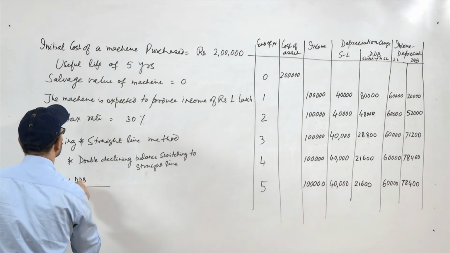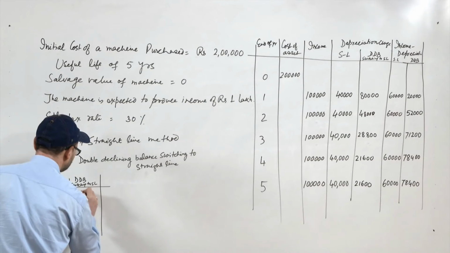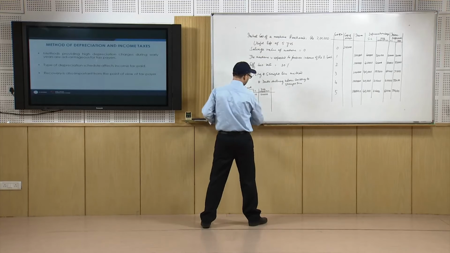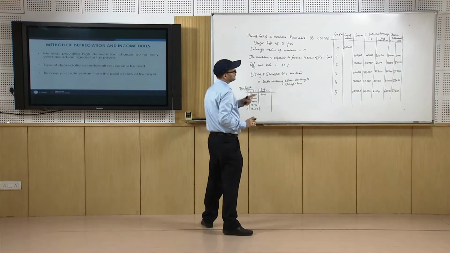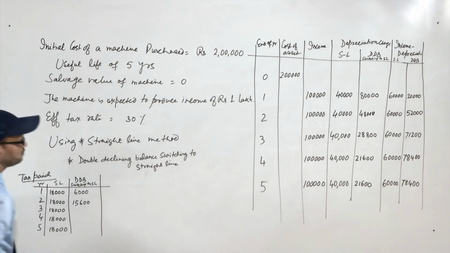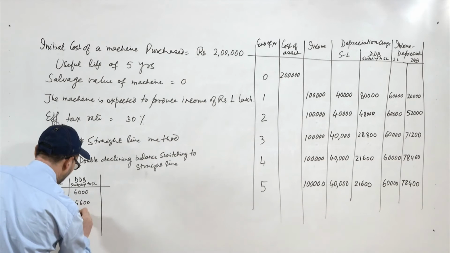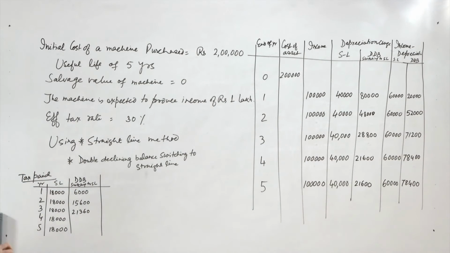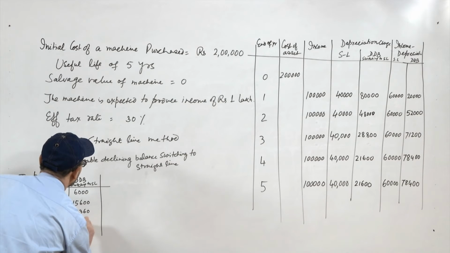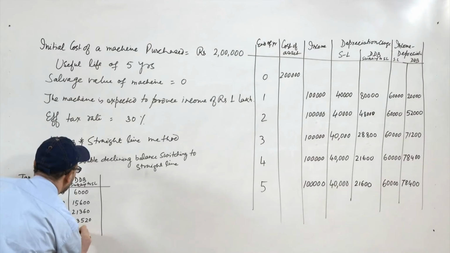So, 30% of 20,000, so 6,000 in the first year, then 30% of 52,000, so 15,600, 30% of 71,200, so 21,360, 30% of 78,400, so 23,520, and further 23,520.